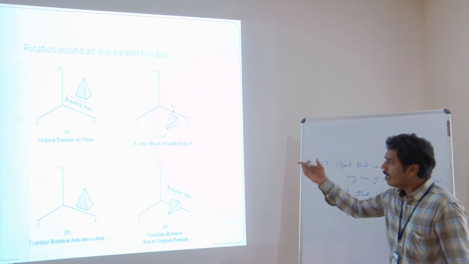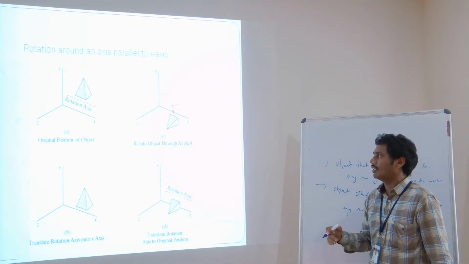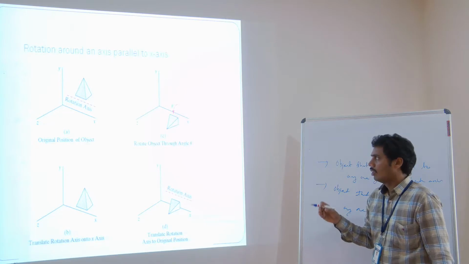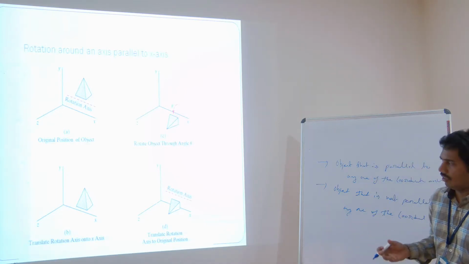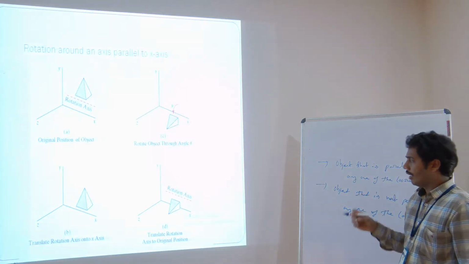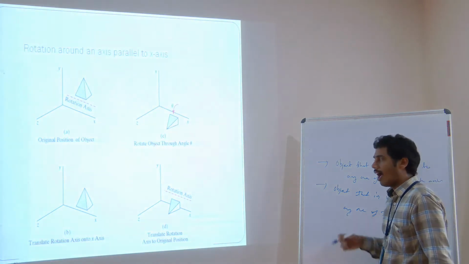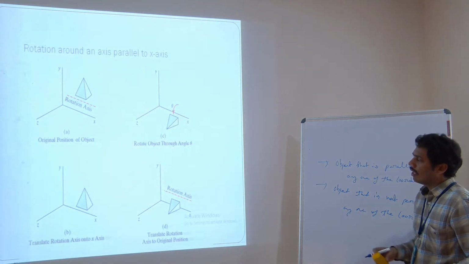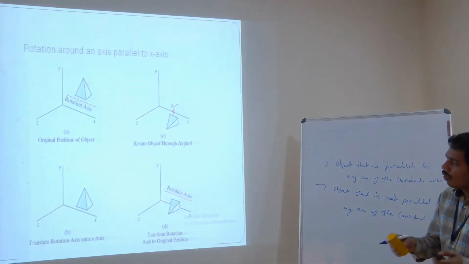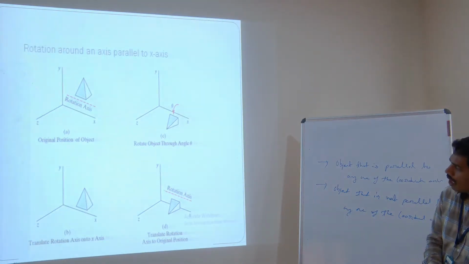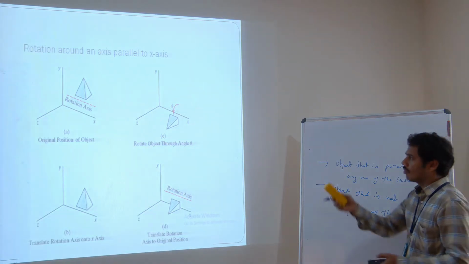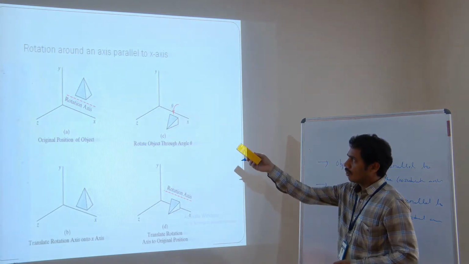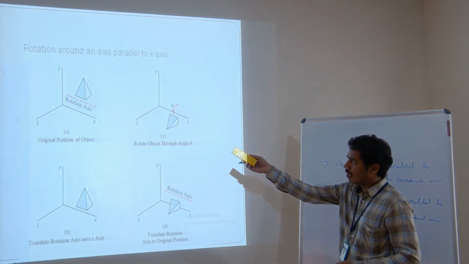After doing the translation, what am I doing here? I am rotating the object through a particular angle. After rotating, I am retranslating the object. That means I am once again moving the object from the new position to the old position. If I observe the same diagram, from the rotation axis it coincides, that means it's parallel to the x-axis.